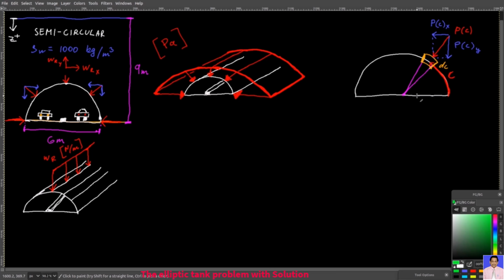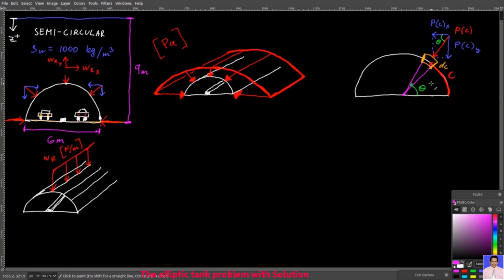Now we can say that this dC is at an angle theta, and since this red vector, P as a function of C, is perpendicular to dC, this angle here is also theta.